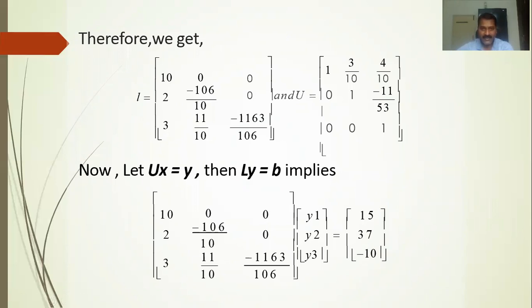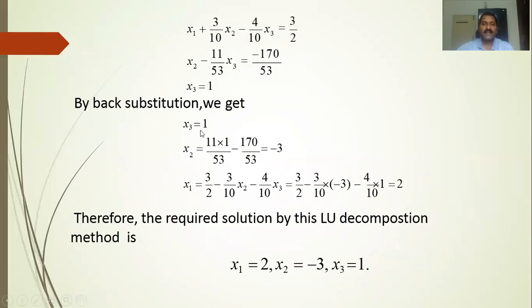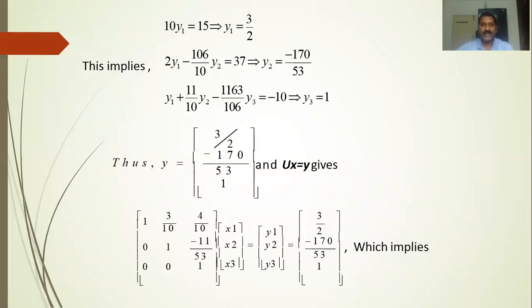Plug in the B. Then by backward substitution, this reads as X3 equal to 1, X2 plus X3 equal to this, and so on. Basically, we get Y first. Then plug in that Y here. Then that yields X. So the required solution then becomes 2, minus 3, 1.